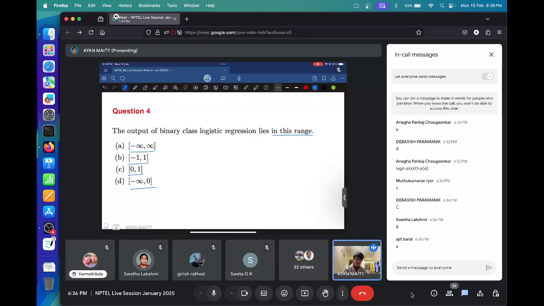Muthukumaran says option C, Devashish says option C, Shweta Lakshmi says option B, Ajit Paral says option A, Kalpana says option C. Anagha Pankaj says option C. Anyone else?